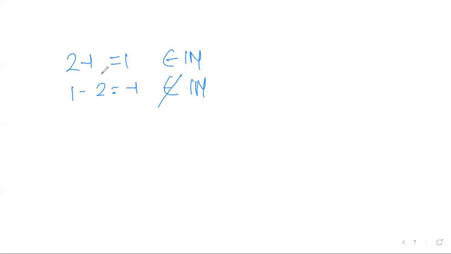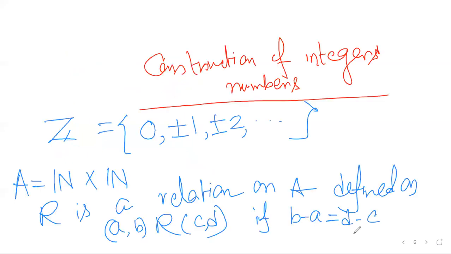But for this pair (a,b), I can do a minus b or b minus a. One of them is positive, so I will take that positive one. Without loss of generality, I am taking b minus a as positive; otherwise, if b minus a is negative, I can take a minus b. So there is no harm in taking b minus a.